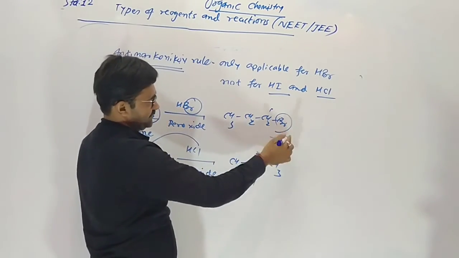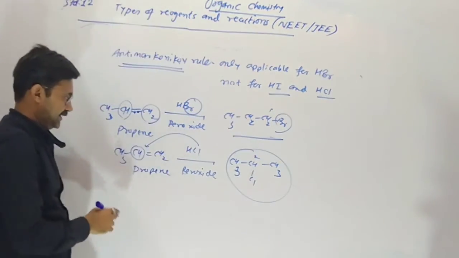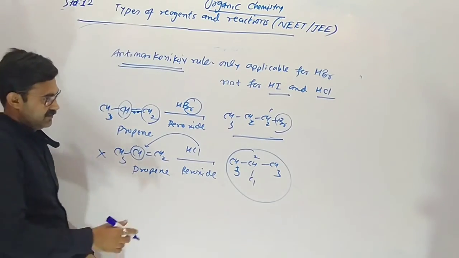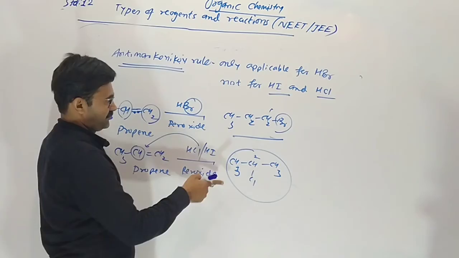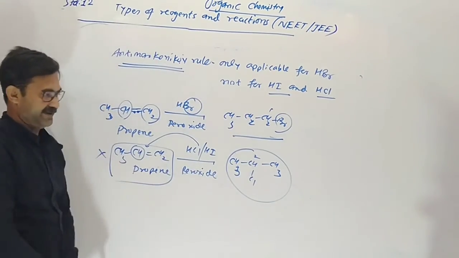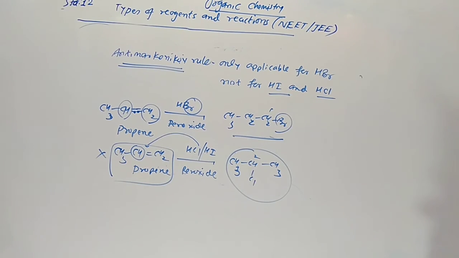So we can't get this type of product. Anti-Markovnikov is not applicable for HCl or HI. We get the product according to Markovnikov's rule. In the case of HBr only, anti-Markovnikov is applicable. For HCl and HI, remember it is not.